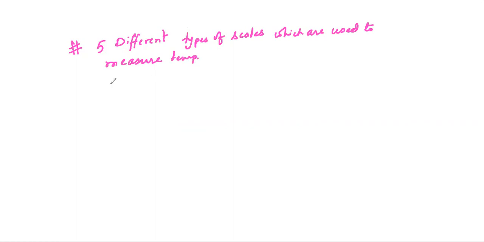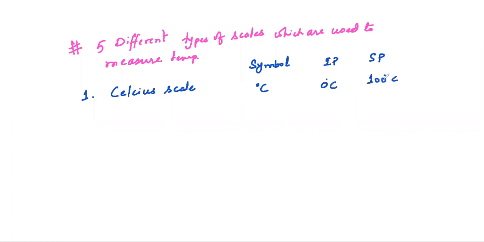So there are 5. The first one is the Celsius scale. I will tell you these things: the symbol, ice point, and the steam point. The symbol is degree Celsius, and it's 0 degrees Celsius, 100 degrees Celsius.